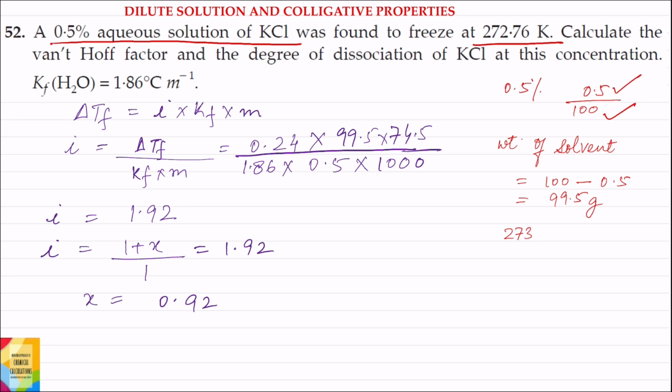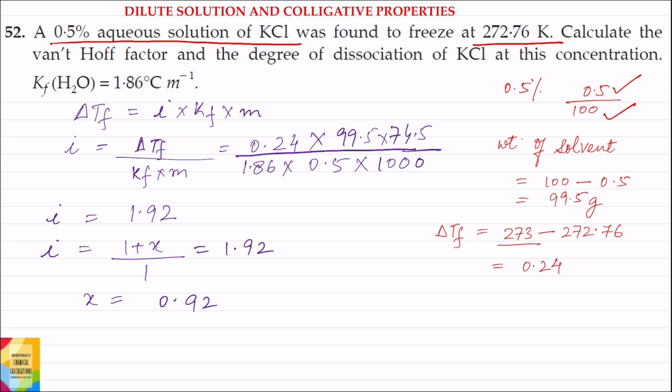Means there is decrease in freezing point. Therefore lowering of freezing point, that is delta TF, is equal to freezing point of pure solvent, that is 273 Kelvin, minus freezing point of solution, that is 272.76 Kelvin, and this is equal to 0.24.